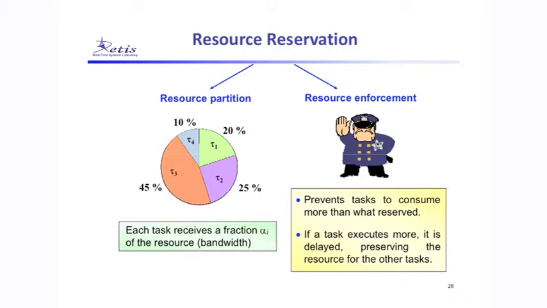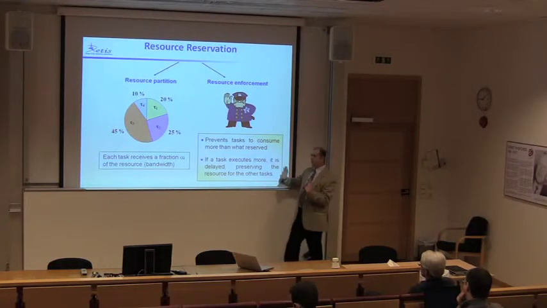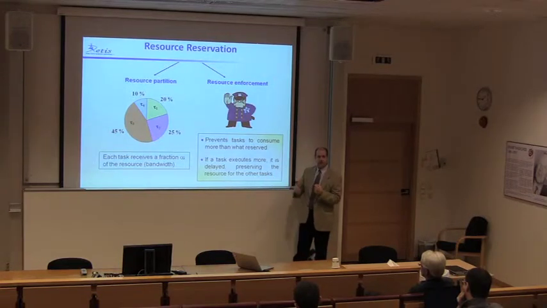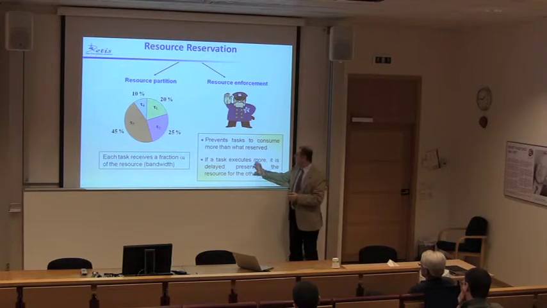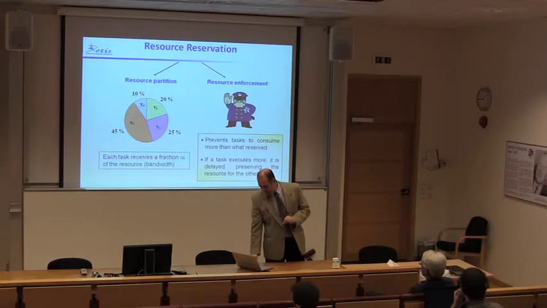This mechanism should prevent a task that requires, for example, more than 25% running in this fraction to steal resources from the other fractions. Otherwise, we lose the isolation, right? So we need a mechanism inside the operating system. This is an operating system mechanism. We should delay tasks that are trying to execute more than we allocate. So this is the mechanism that needs to be implemented in operating systems.